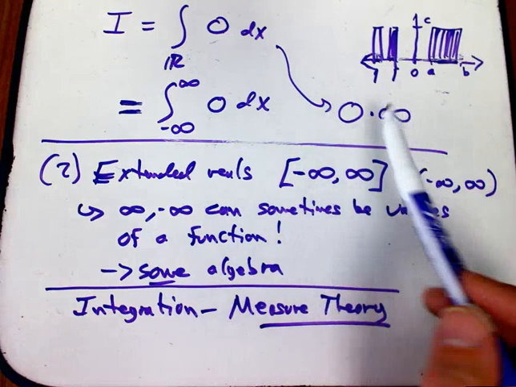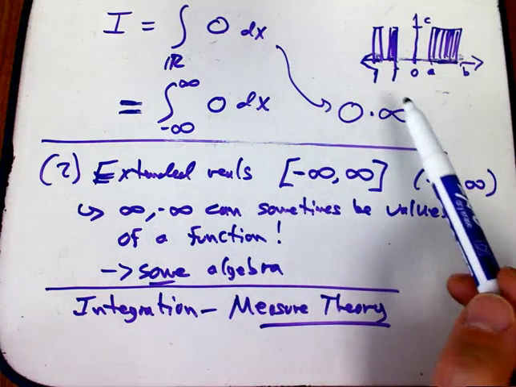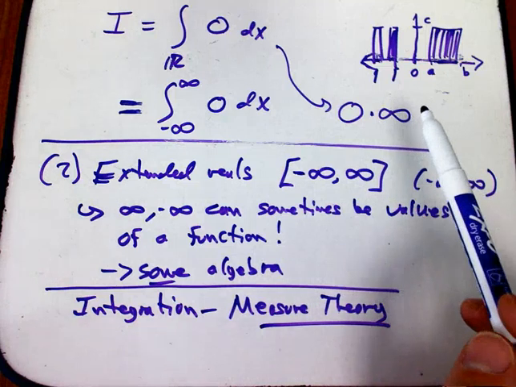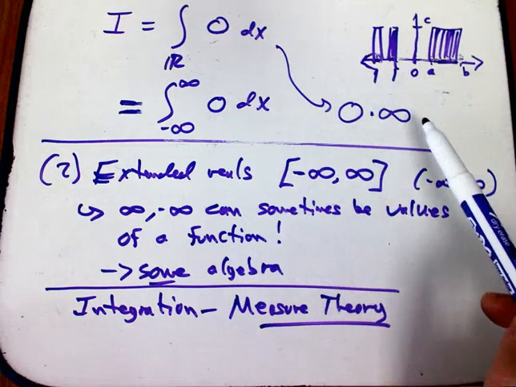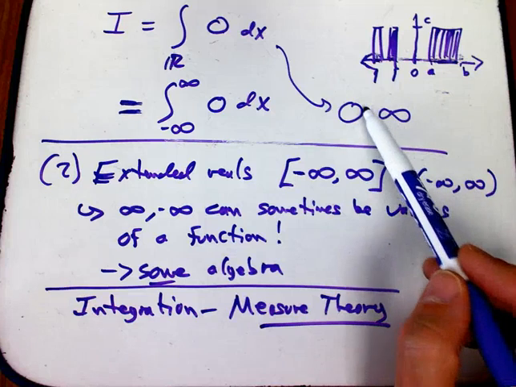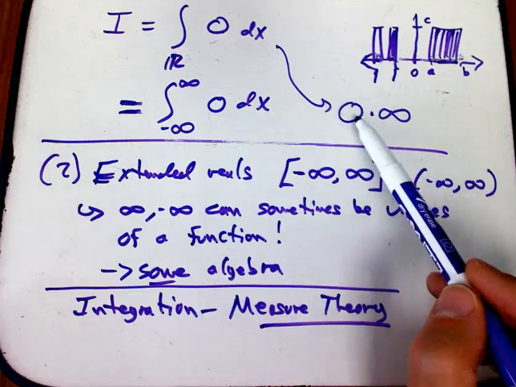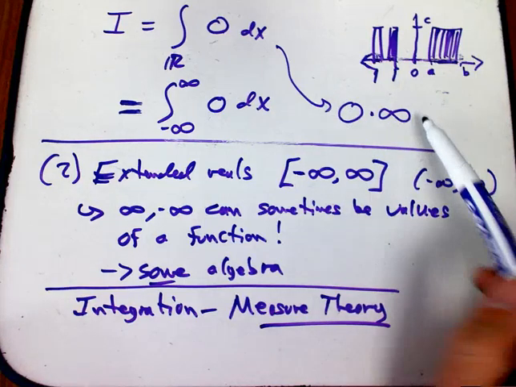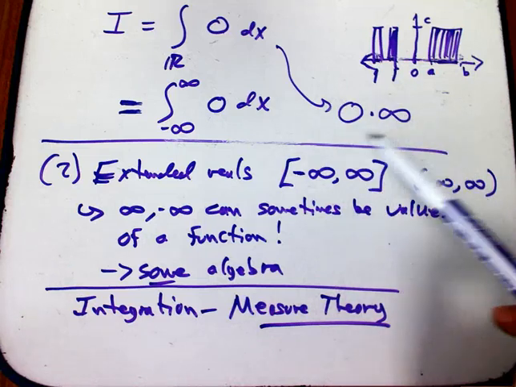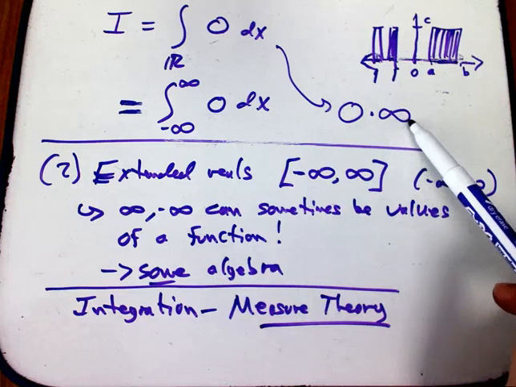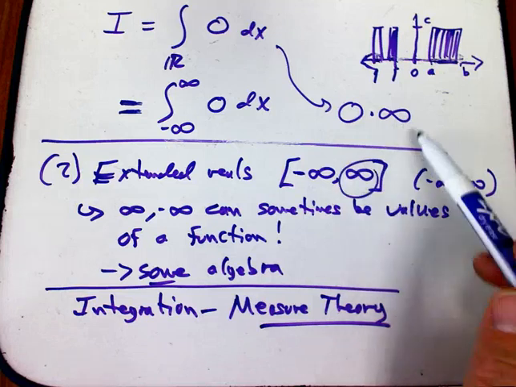Because if there's any quantity whatsoever we could assign to the length of the entire real line, it's really got to be some sort of infinity. Then the area under the curve with height 0 over that whole thing would be 0 times infinity. So it's really tempting to have a definition for this and to have infinity be an honest to God number. This is one of these extended real gadgets.